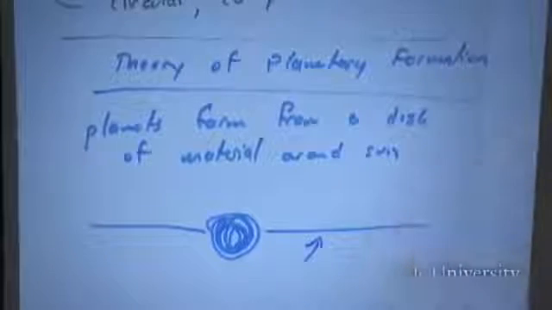And this disk consists of basically the same material as the sun, which is to say lots of gas, by which I mean hydrogen and helium in particular, some ice, of course, when it's in a star, it's all melted.